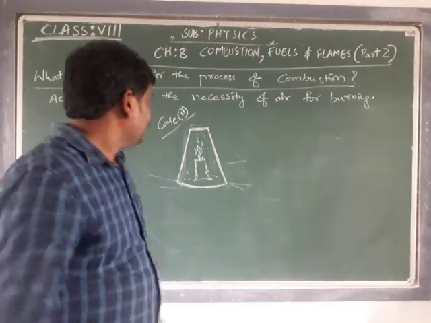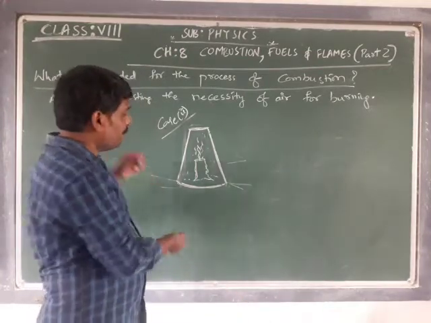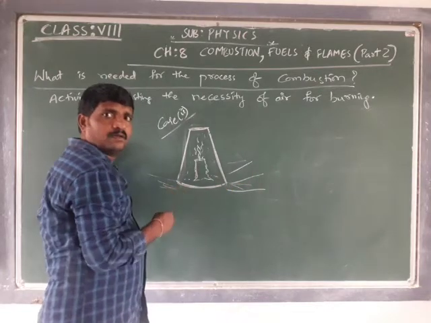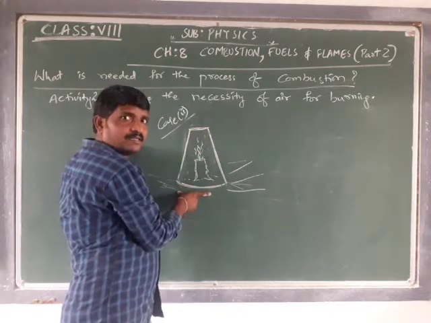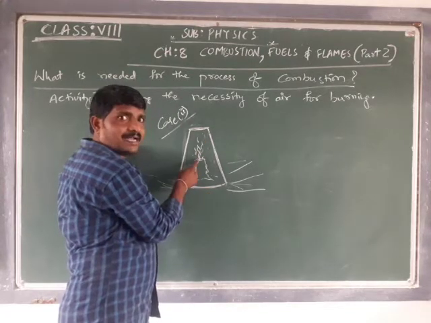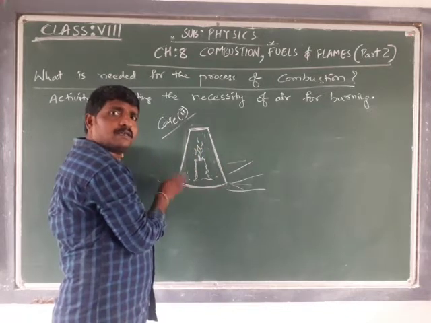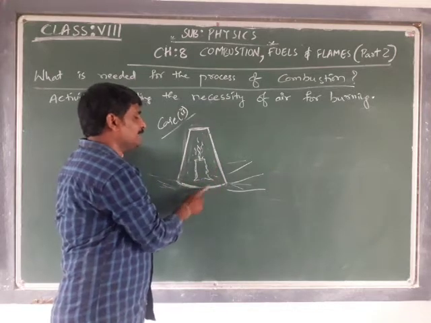So here in this small activity, in case 1 and case 2, we notice the effect of the supply of air. When the supply of air is cut off by inverting the glass tumbler over the burning candle, the candle is put off, because there is no air present in the tumbler.